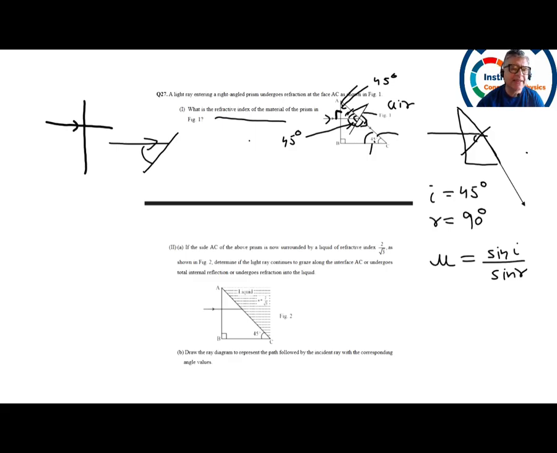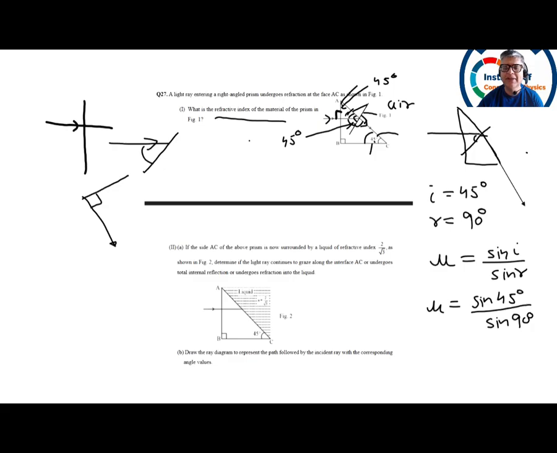The refracted ray is like this, your normal is like this, so your angle of refraction is 90 degrees. So mu is equal to sine of 45 degrees divided by sine of r, which is 90 degrees. This is the general formula you use.